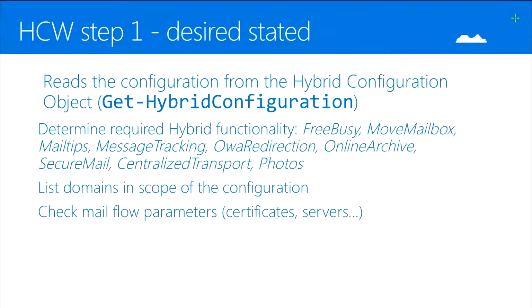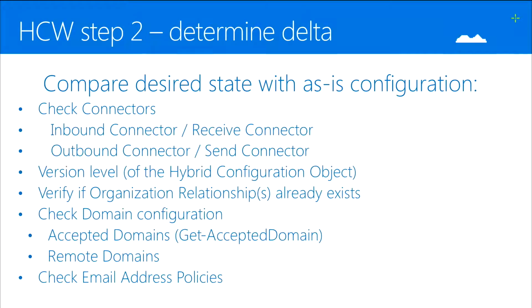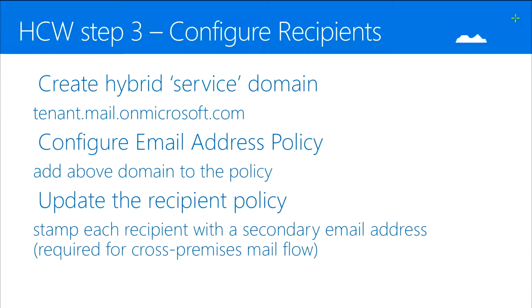And I've just put these slides in here just so that you can see actually what's going on. So when you're watching this video, you can go back and pause this and look at the step-by-steps here. So this is what each step of the configuration wizard is actually doing, okay?